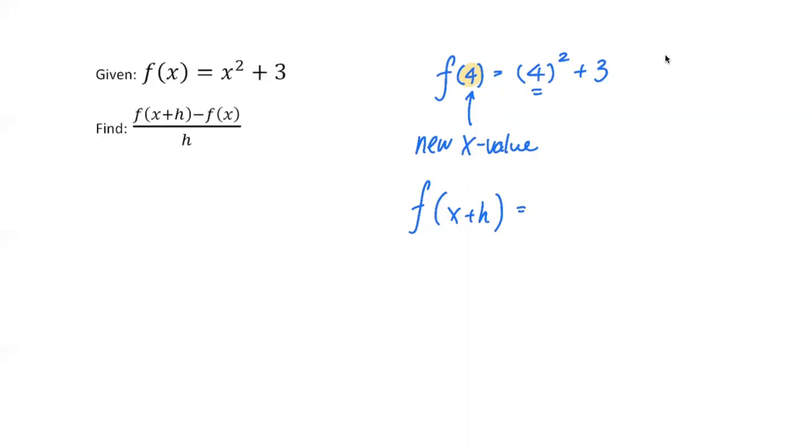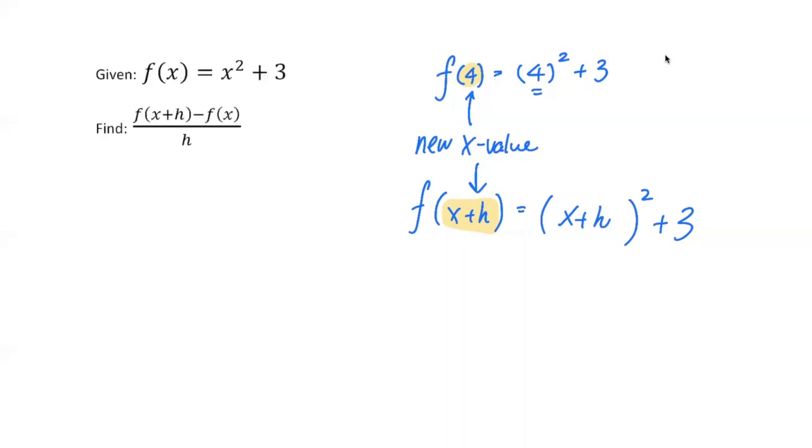And this is exactly not what you should do, because this is also the new x value. So you still have the same function, but in the place of x, you don't put a 4 there; you put in x plus h, squared, in there.